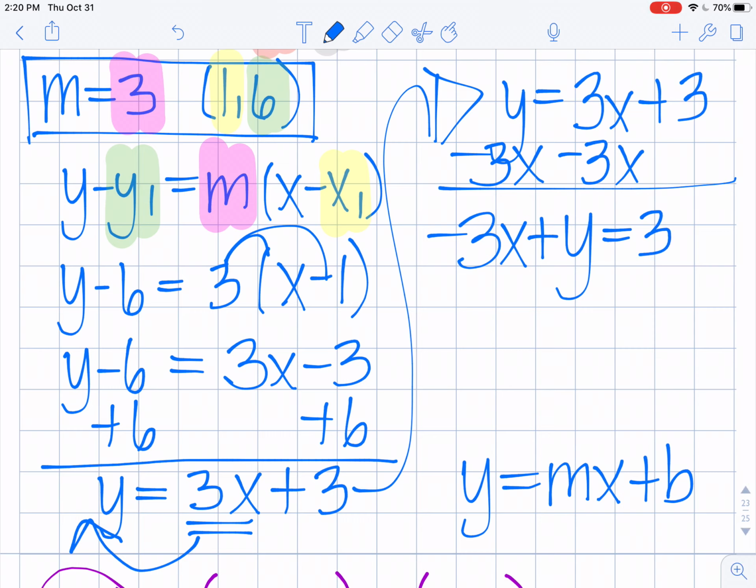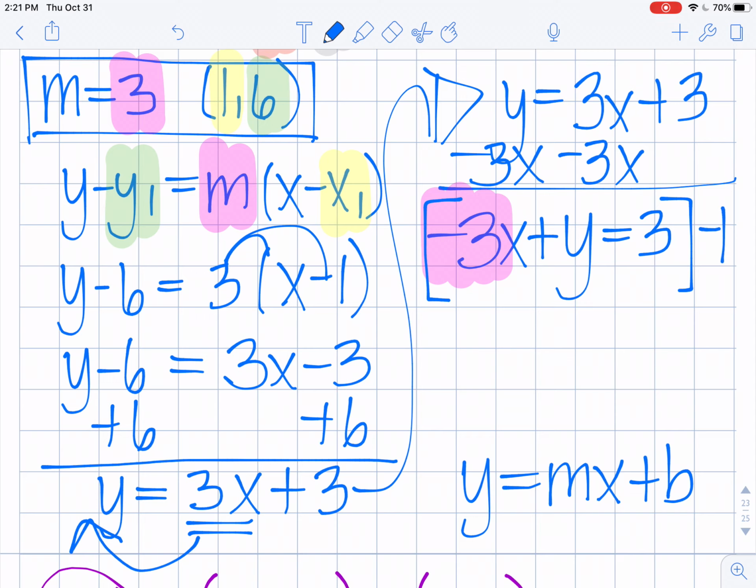Now my x and my y are on the same side. My constants are on the right side. The last thing that you need to know is that in equations in standard form, the leading coefficient, so this x value right here, has to be a positive number and it cannot be a fraction. So to make sure that it's a positive number, I'm going to take my entire equation and I'm going to multiply it by negative 1.